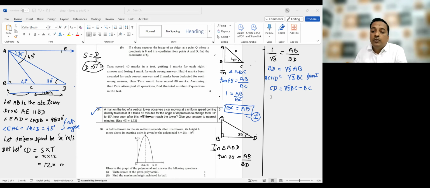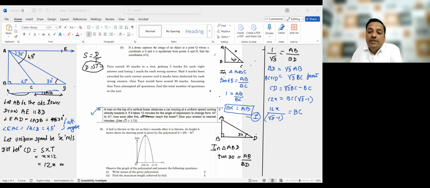We have to find CD. CD की वैल्यू क्या है हमारे पास? 12x है ना? And if you take BC common, then this becomes root 3 minus 1. So shift this root 3 minus 1 this side. So 12x upon root 3 minus 1 is equal to BC.